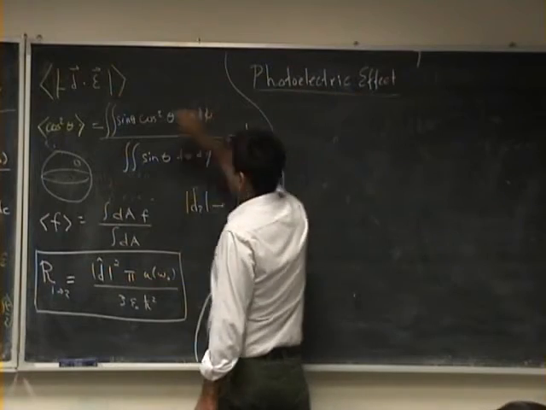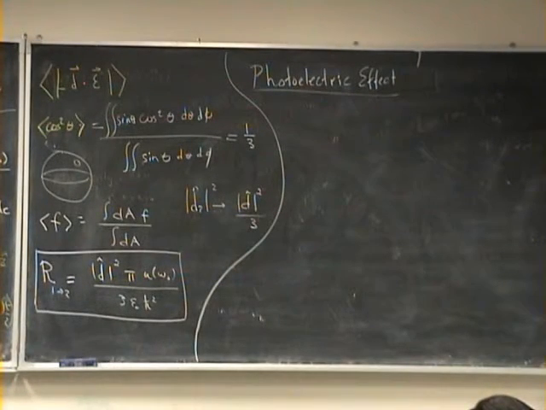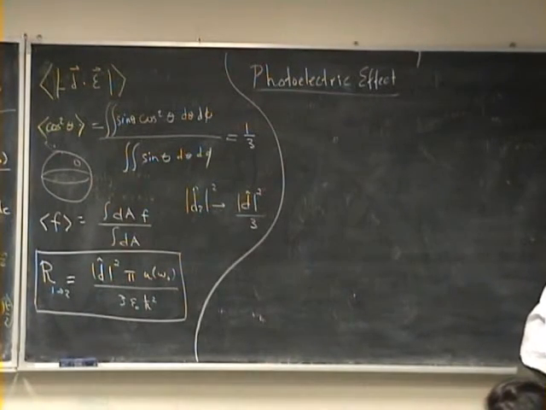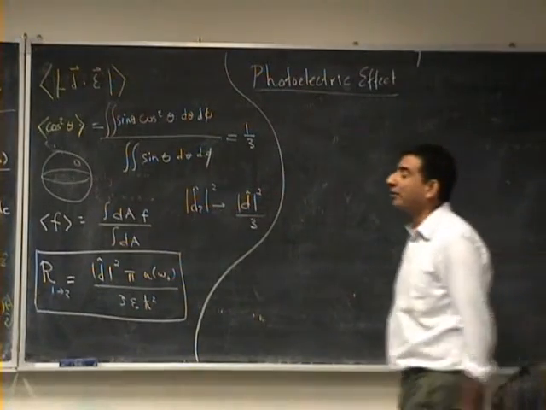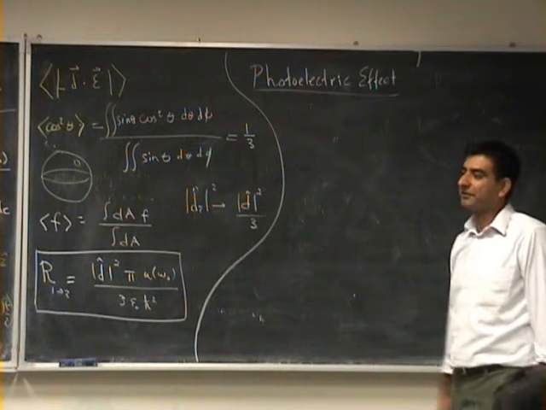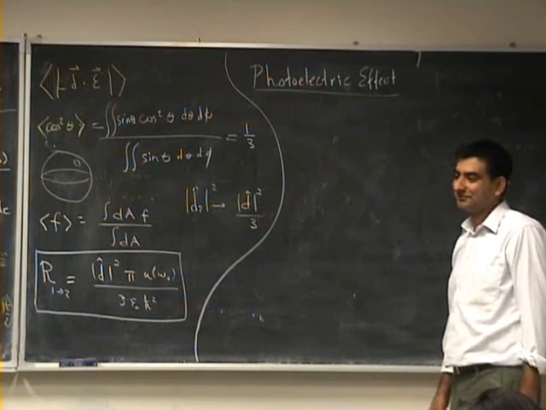Remember, Einstein got the Nobel Prize in physics for his description of the Brownian motion and the photoelectric effect. He quantized light and used the photoelectric effect to describe that light has to be quantized. It has to comprise photons.